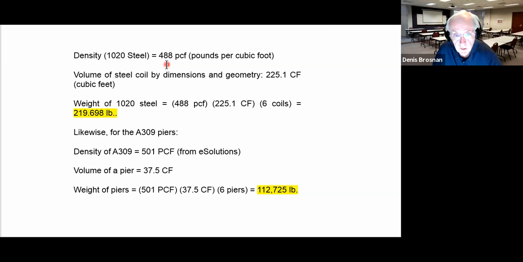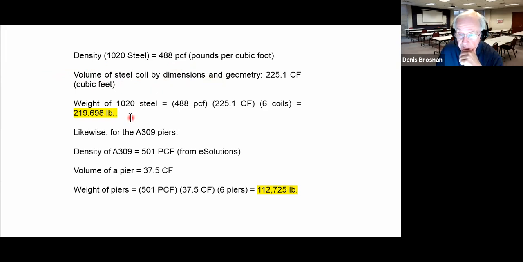If you think in metric terms, just bear with us. We're going to talk about inch-pound units in this particular problem. But nevertheless, you would probably have kilograms per cubic meter or some similar name like that. So when we do that, we can calculate the volume from the geometry of 225 cubic feet.